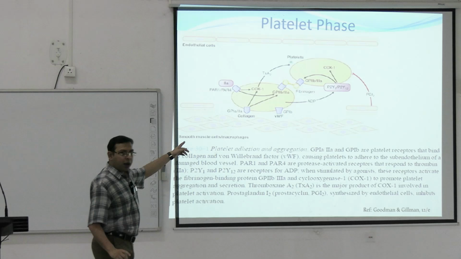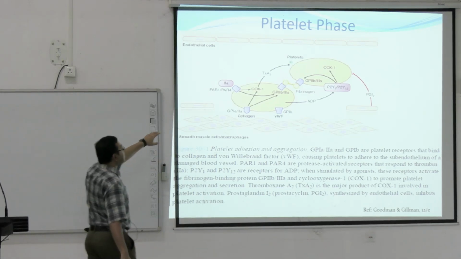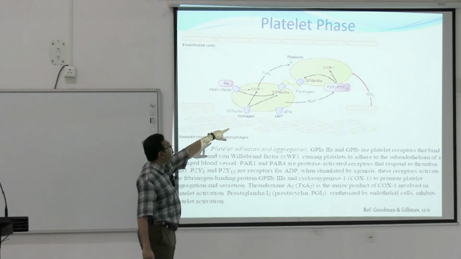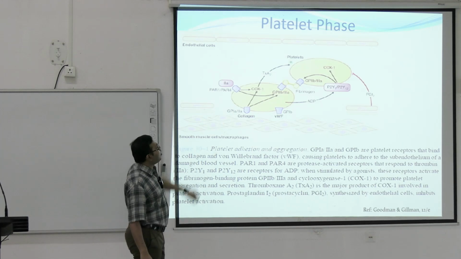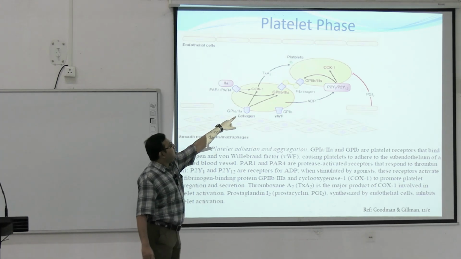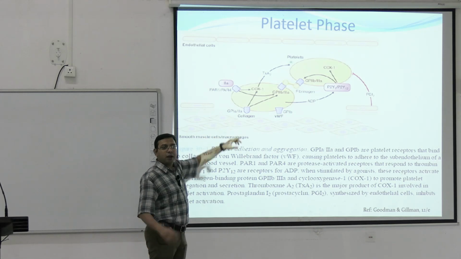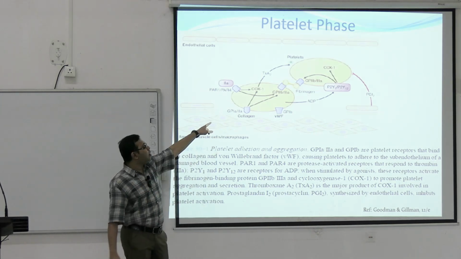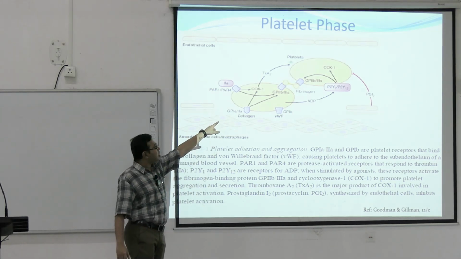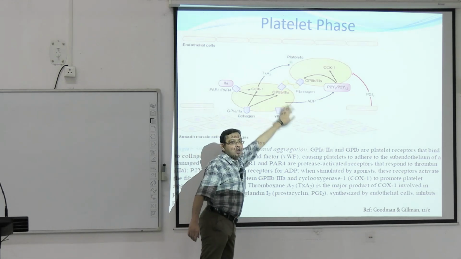Now coming, this is the platelet phase. We have discussed, so you can see this GP Ib and this is the GP IIb/IIIa, this molecule. This GP IIb/IIIa of one platelet and GP IIb/IIIa of another platelet are attached to one another by means of the fibrinogen molecule. You can see this is the fibrinogen molecule.